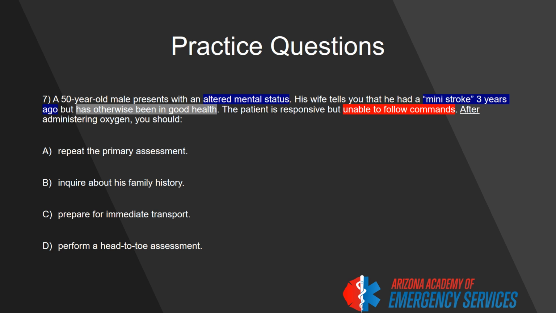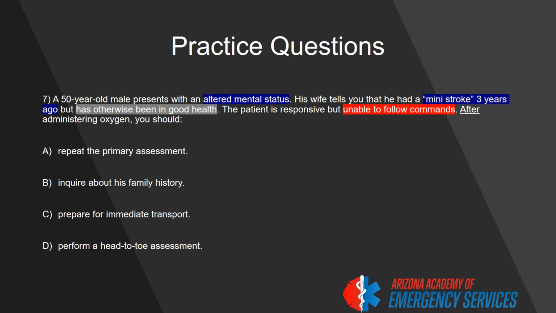Patients that experience a mini stroke have upwards of a 70% chance of experiencing a true stroke, one which the body cannot resolve on its own and that requires immediate treatment, within the next couple of years. So the fact that he has altered mental status now and had a TIA 3 years ago suggests that there's a very good possibility that he is experiencing a true stroke now.